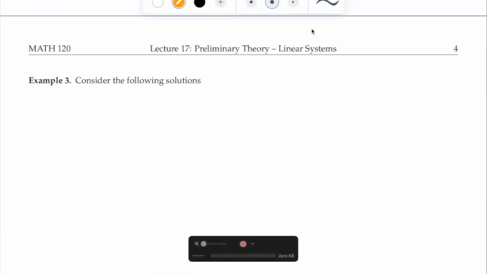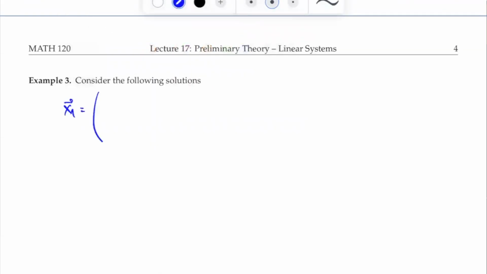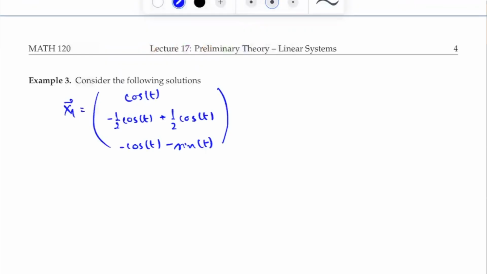Consider the following solutions. X1 equals (cos t, negative 1/2 cos t plus 1/2 sin t, negative cos t minus sin t), and X2 equals (0, e to the t, 0).